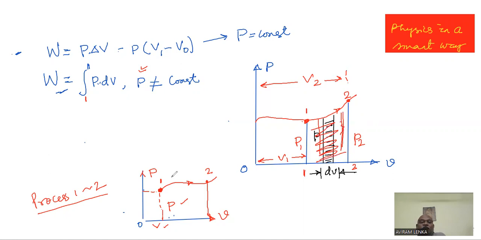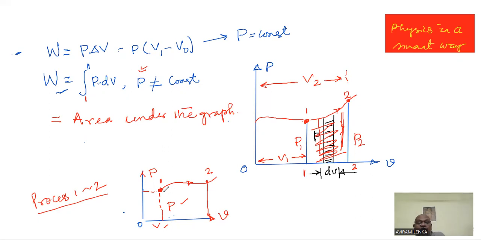As it is discussed already, I won't elaborate on it. That is the area under the graph.